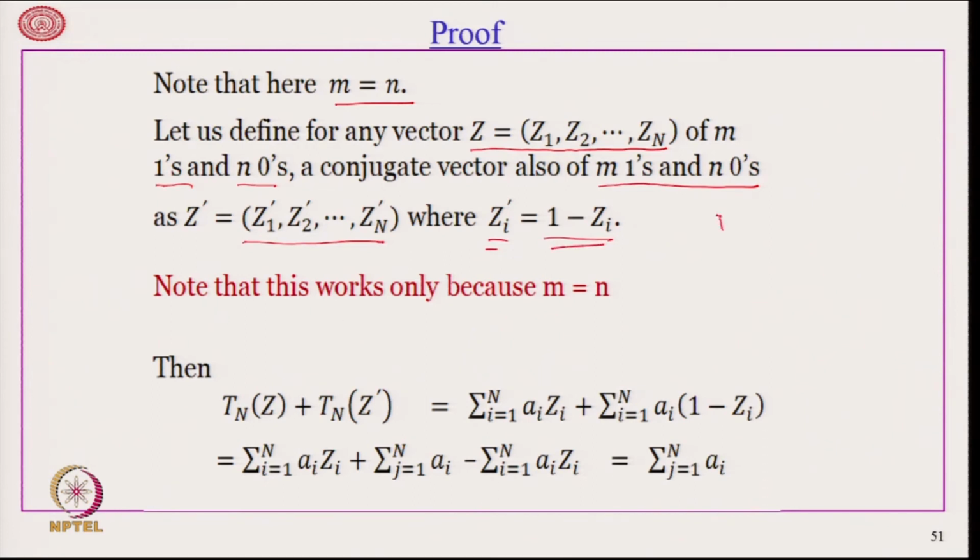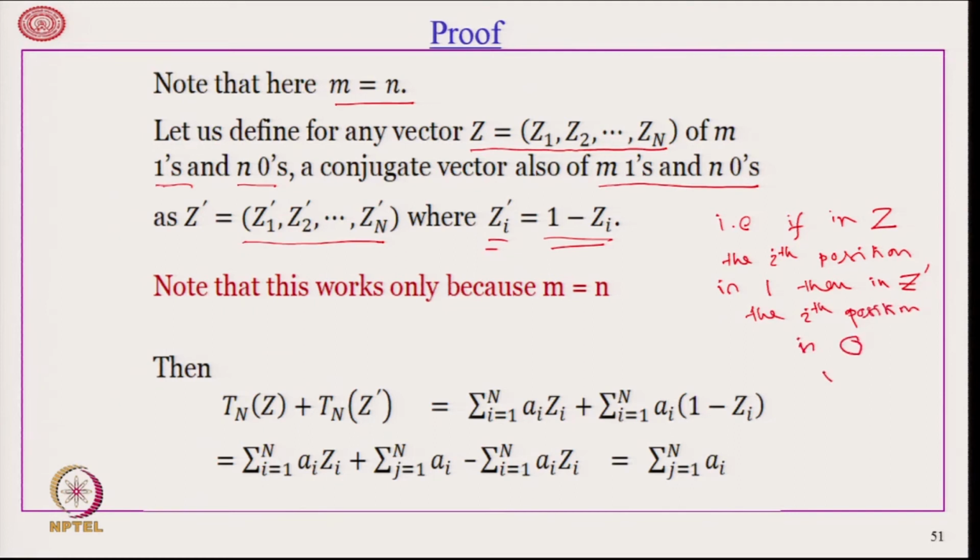That means, if in z the ith position is 1, then in z prime the ith position is 0 and vice versa.